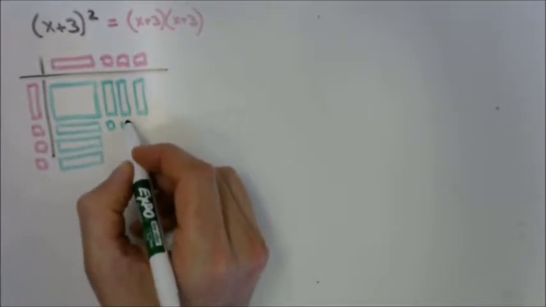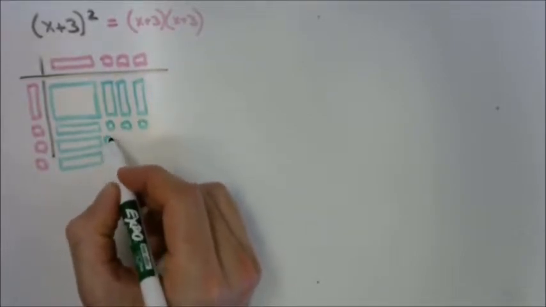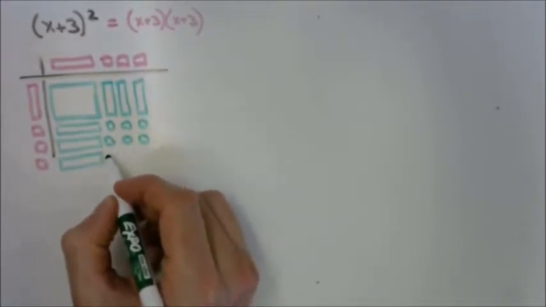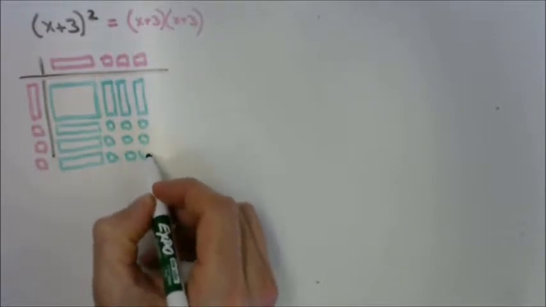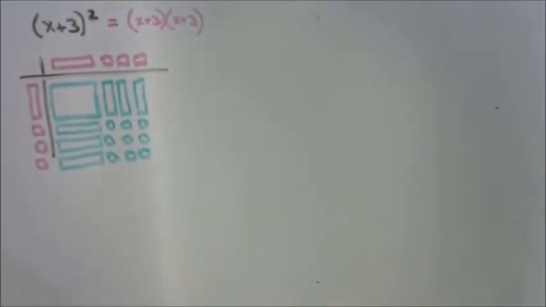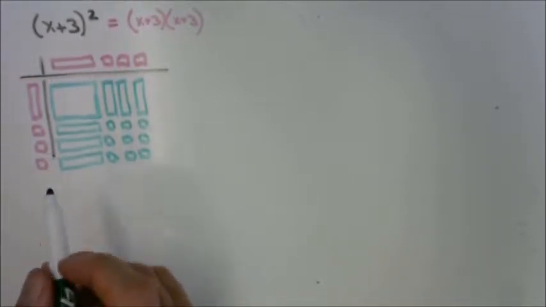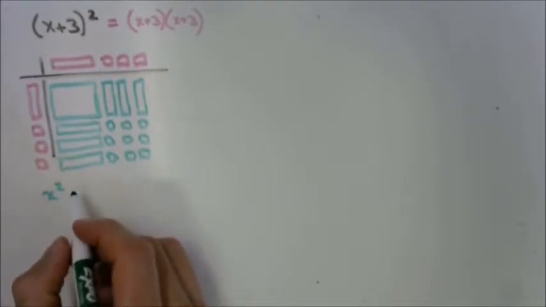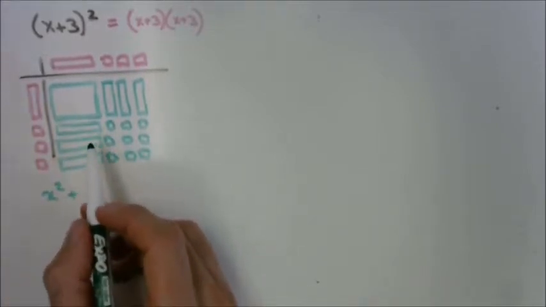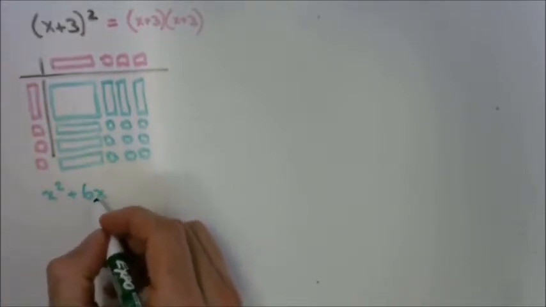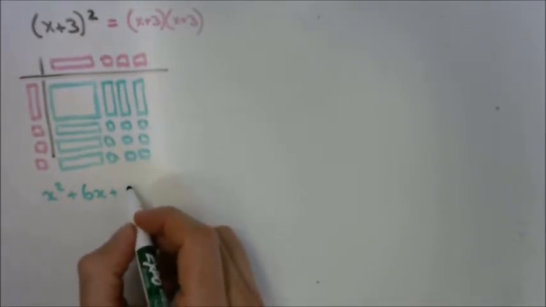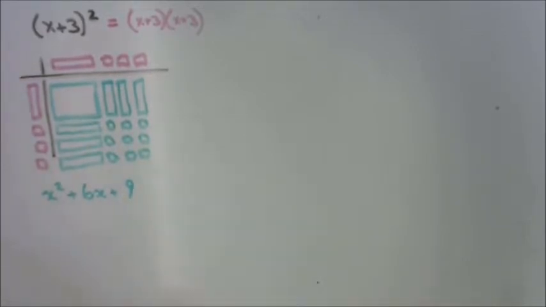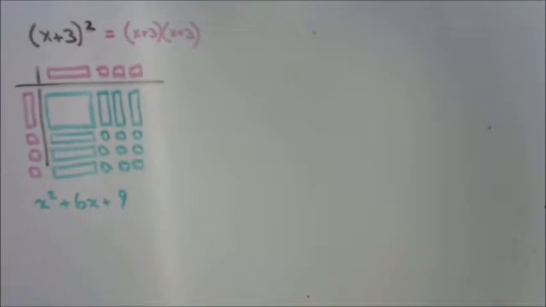And we're going to draw them all out. Good. So that shows us that x plus 3 squared equals x squared plus 6x, how many x's? 6 x's. Plus 6 x's. And how many ones? 9. Plus 9. Is this probably new?